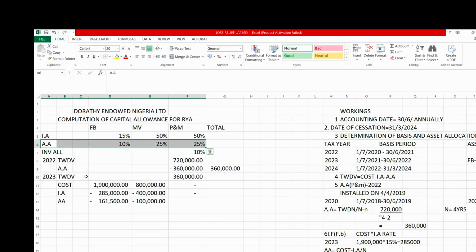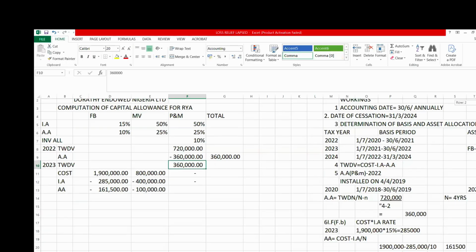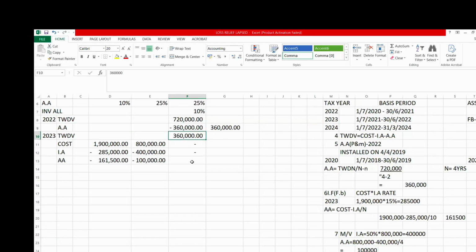So the annual allowance will be 360 divided by 4 minus 4, 360 divided by 1. That will also give us 360,000.